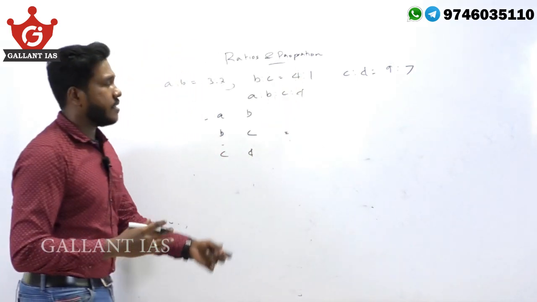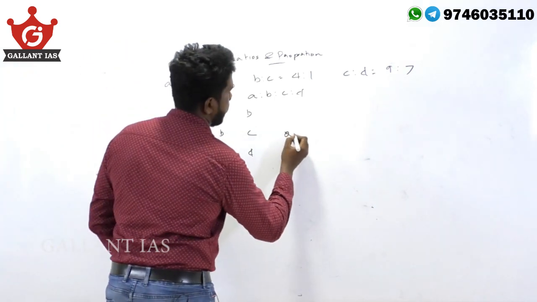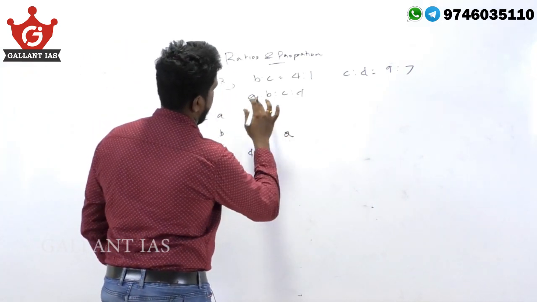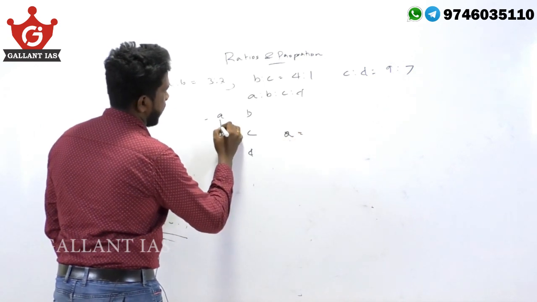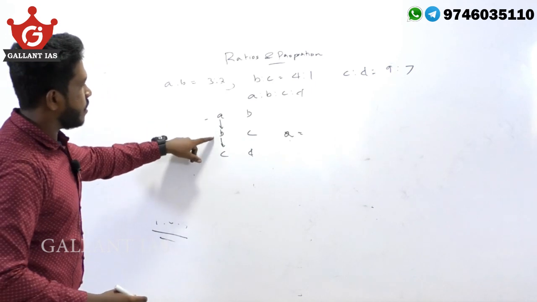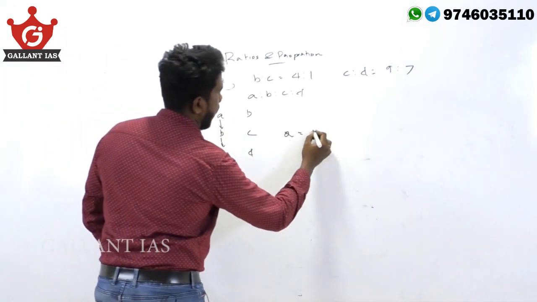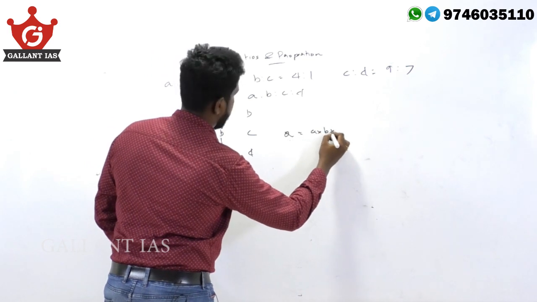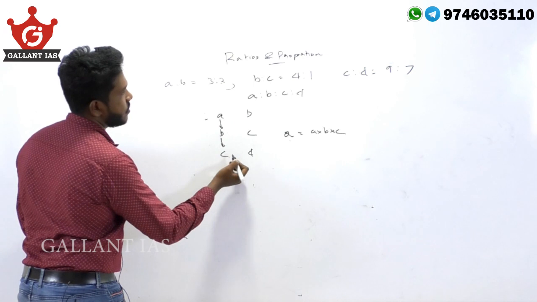We can directly get the values with the help of this method. That is how to find this value. To find it, multiply downwards, the column values, that is A into B into C. This A into B into C gives what?